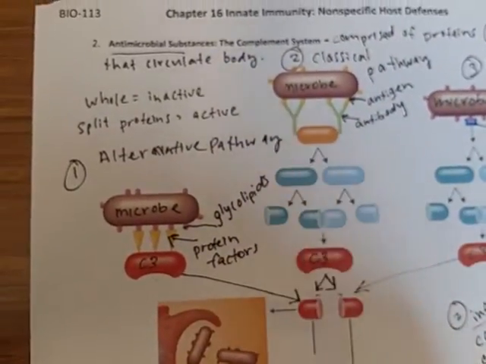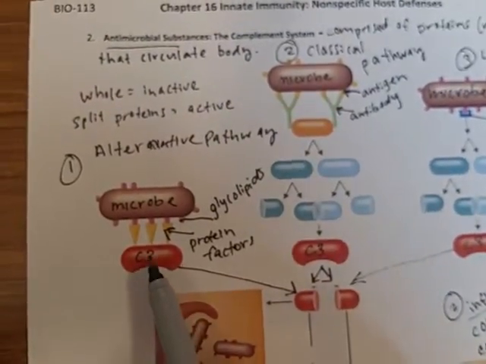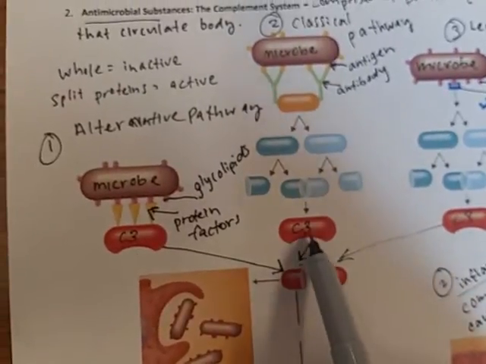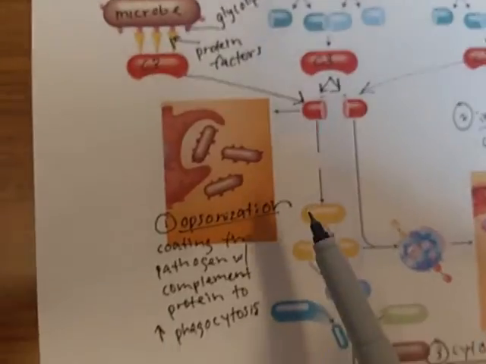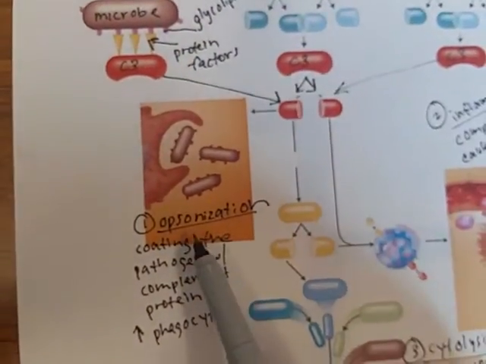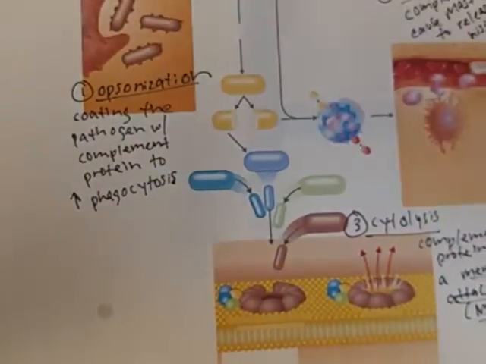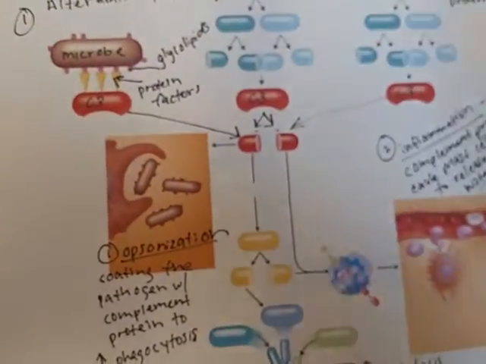These other little proteins have names as well, numbers, but you don't have to know those. But make sure you know that there's a common protein, the C3 protein, that when it becomes activated, you get 3 different results that help clear that pathogen from the host. So we had opsonization, inflammation, and cytolysis that results from the activation of the complement system.